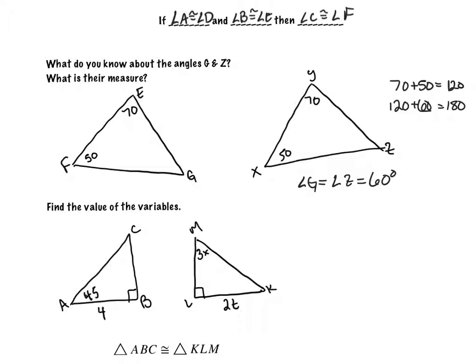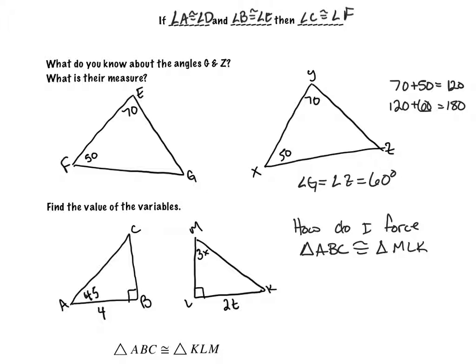So if I look here, what would I have to do? How do I force triangle ABC to be congruent to triangle MLK?